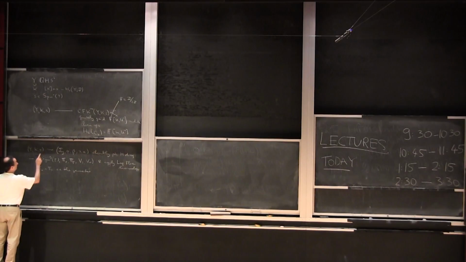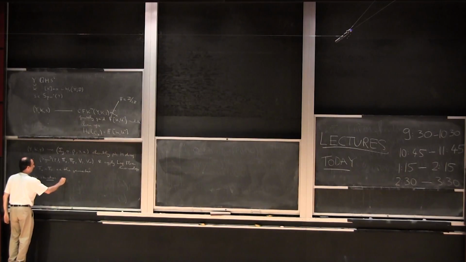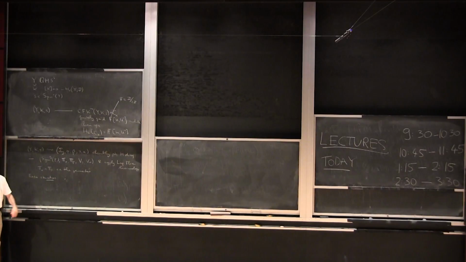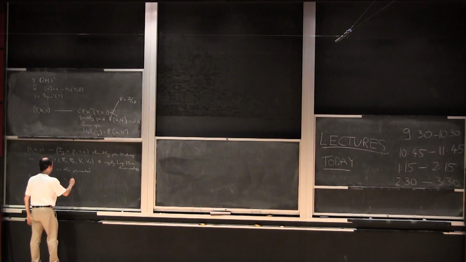And this gadget comes with some extra structures. Namely, all the intersection points come with a Maslov grading.